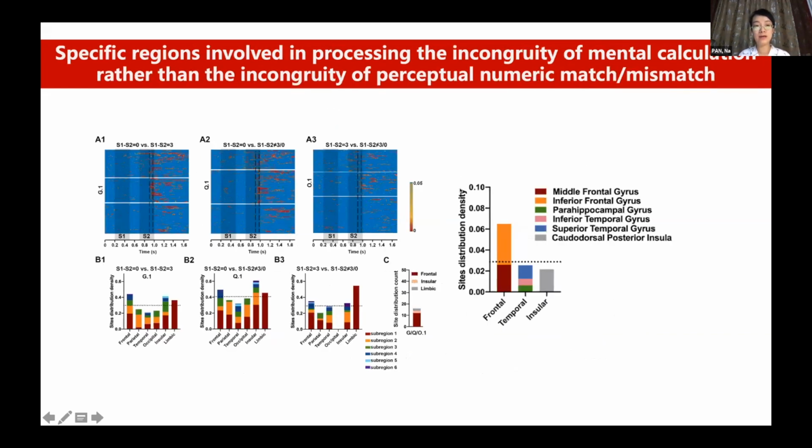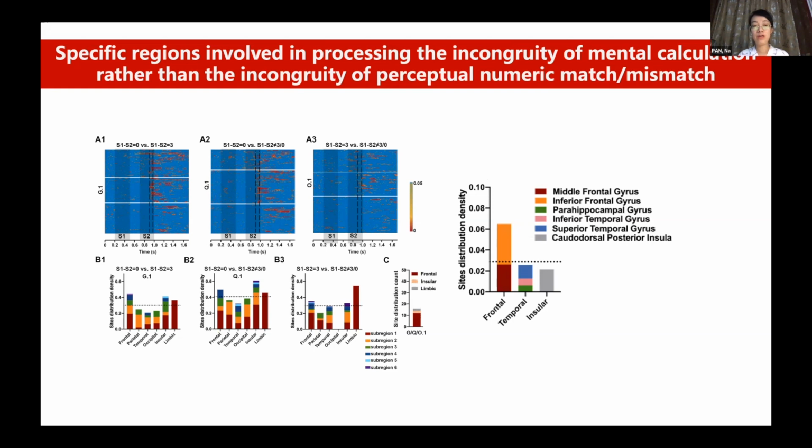And also in the calculating task, we can screen the 6 regions, specific regions involved only in the incongruent processing in mental calculation rather than the incongruent processing in perceptual mismatch, like the result equal to 3 versus unequal to 3. These 6 regions are responsible for the calculating incongruent processing.